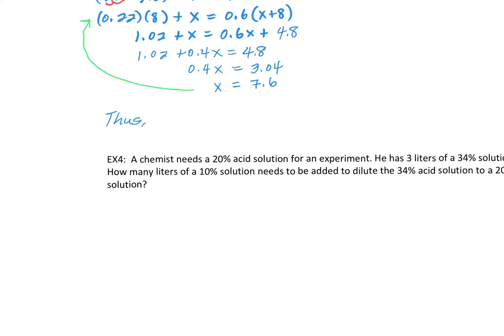I'm going to use thus because it's shorter. Thus, 7.6 oz of pure alcohol must be added. Again, you can word it any way you choose as long as you answer the question.